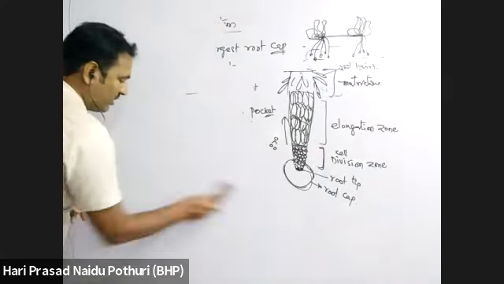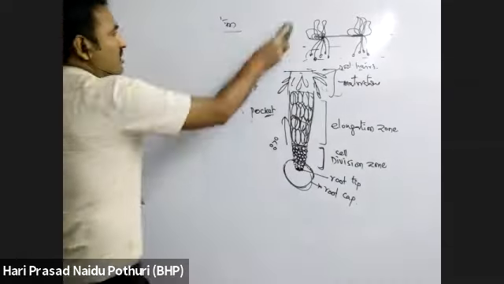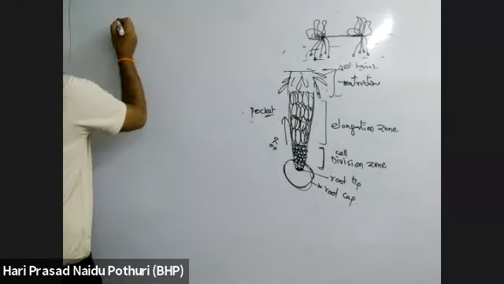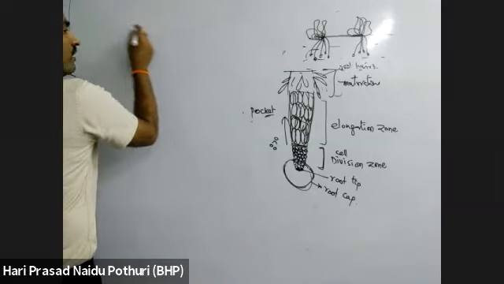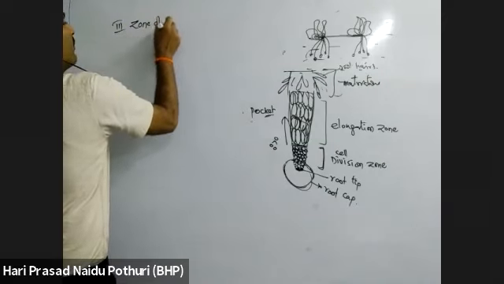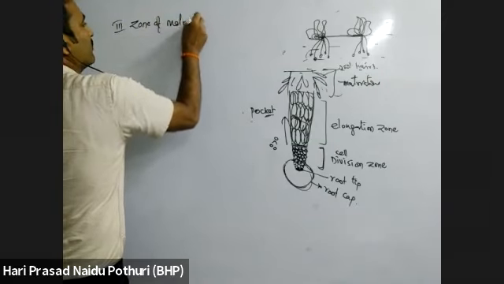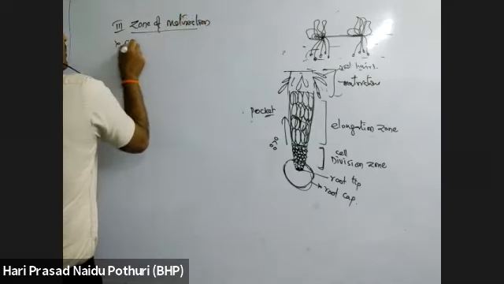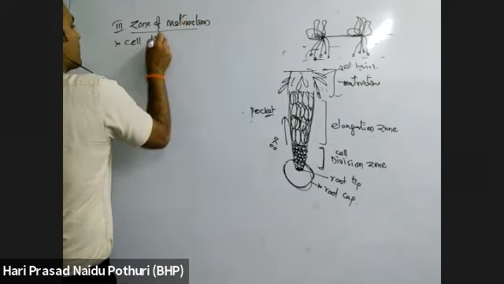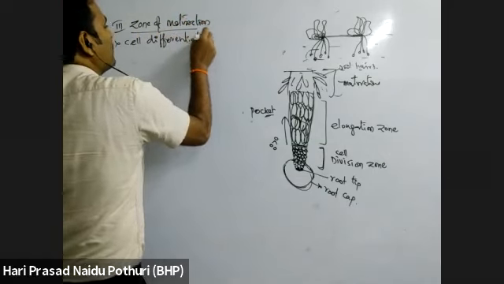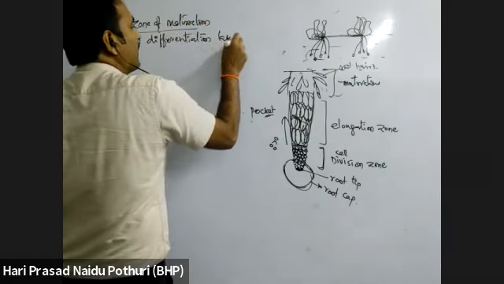So then see this differentiation zone, which is called the maturation zone. Zone of maturation or zone of differentiation. Okay, this is what we can say. Third one, zone of maturation. In this maturation zone, cell differentiation takes place.